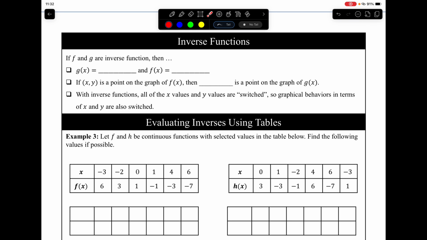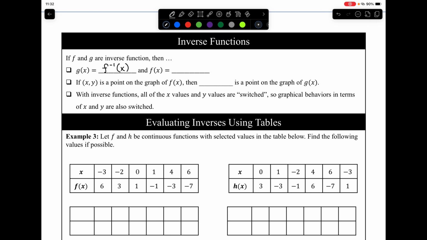first of all, let's talk about the notation. If f and g are inverses of each other, we can say that g is the inverse of f. And to denote that, we use the notation of f and simply put a -1 on the exponent of that f of x. And vice versa, if f and g are inverses of each other, we can say that f of x is equal to the inverse of g.